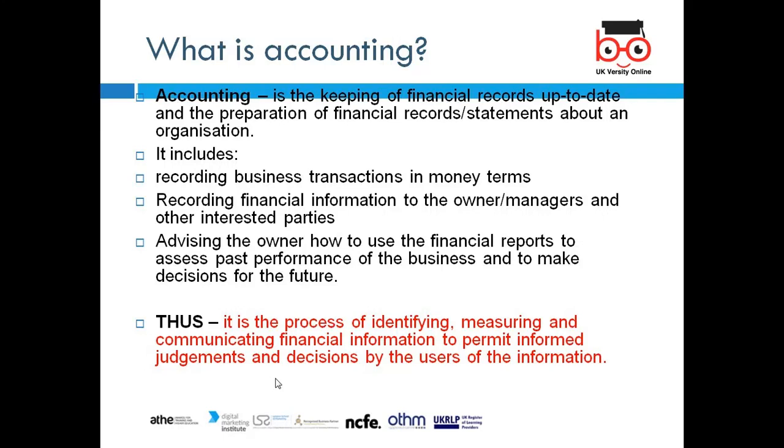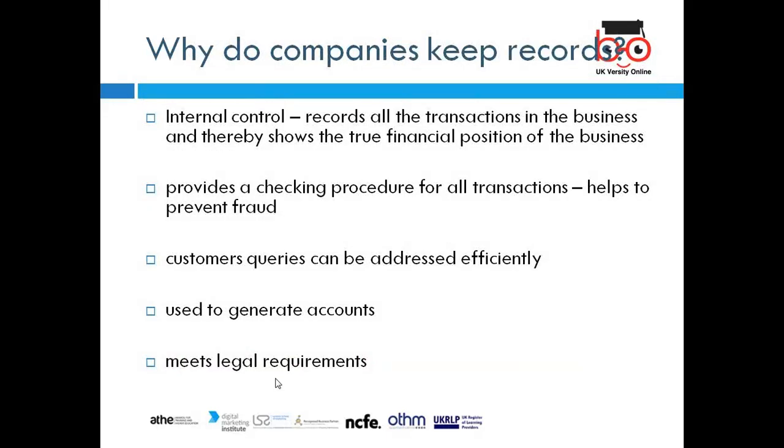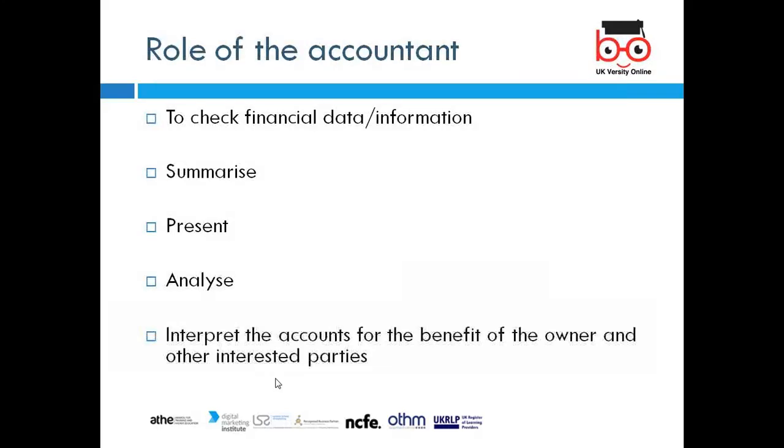Recording business transactions, providing the information to the owners or managers and other interested parties, advising them, and preparing reports on the performance of the company. So the company keeps records. Internal control provides checking procedures, customer queries, used to generate accounts and meet legal requirements. That's why we keep records of the data, information, and transactions.